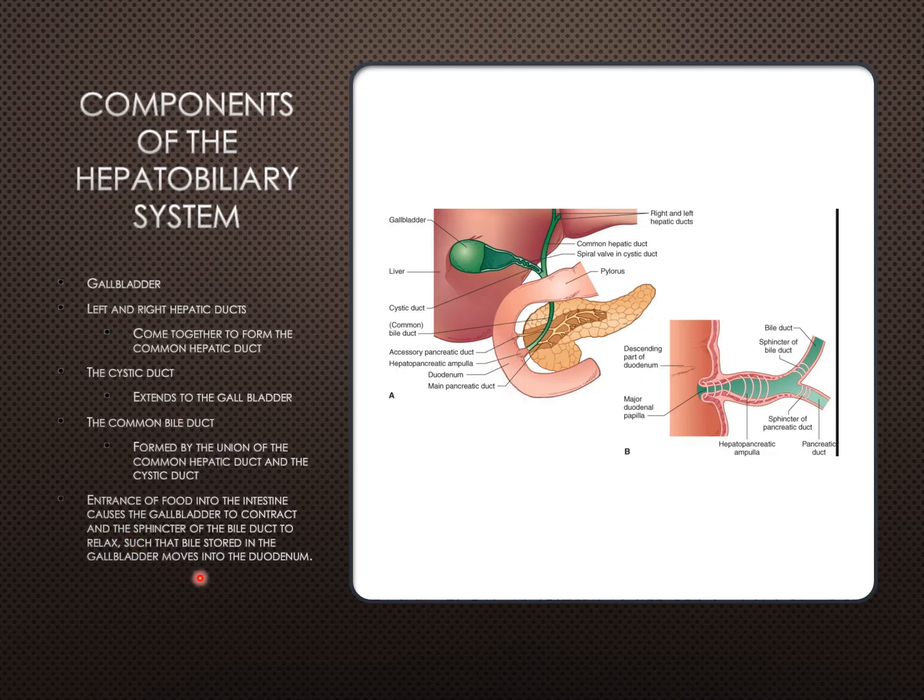So again, entrance of food into the intestine causes the gallbladder to contract, and the sphincter of the bile duct to relax so that that stored bile in the gallbladder is then moved into the duodenum. So it contracts and squeezes that bile out into the duodenum.